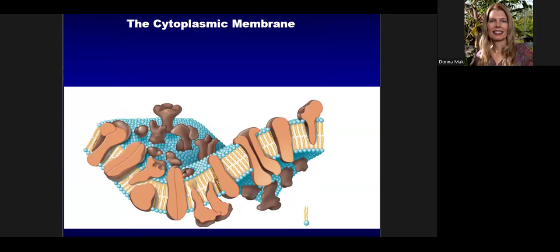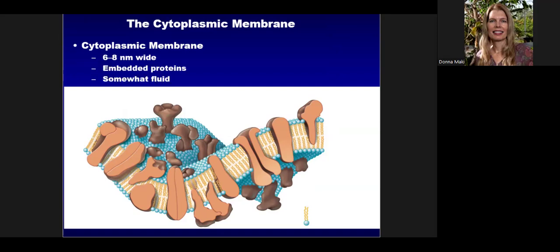It depends what microbe you're looking at, what habitat they're in, what kind of proteins they're going to have in their membrane. In general, their cytoplasmic membrane is about 6 to 8 nanometers wide, and certainly has a lot of embedded proteins. And they say that bilayer membranes are somewhat fluid.